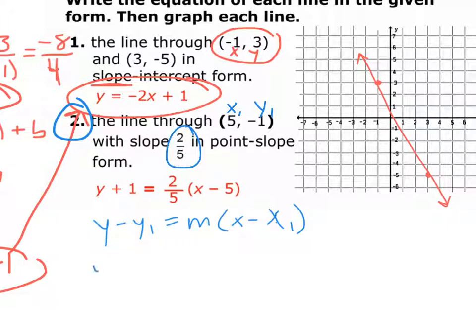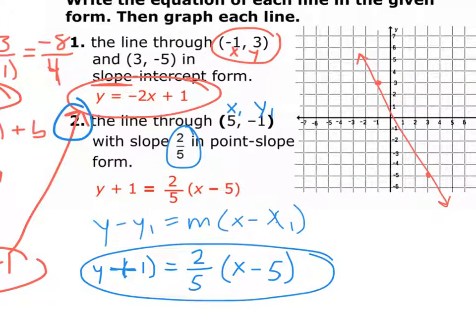So we have y minus -1, which just becomes a plus, is equal to our m, which is 2/5, times x minus 5. So this is our equation in point-slope form for number 2.